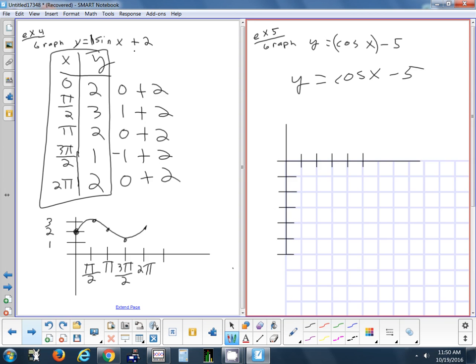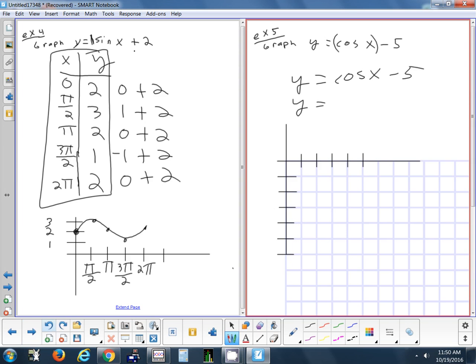Okay, that would be another reasonable choice. It's not an amplitude change at all. What did I say you have to have, though, for the phase shift? You've got to have parentheses, okay, around the letter and the number. That's a phase shift. Okay, when I did it like this, those two are actually the same problem.